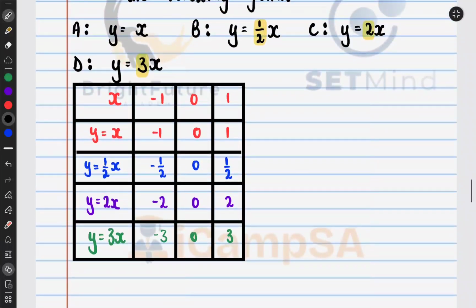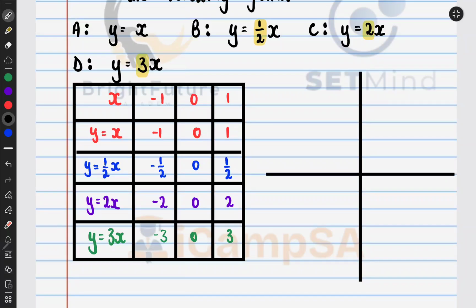And then let's draw our sets of axes here. Okay, and then we're going to have 1, 2, and 3, negative 1, 2, and 3, and then 1, 2, and 3 on the other axis.